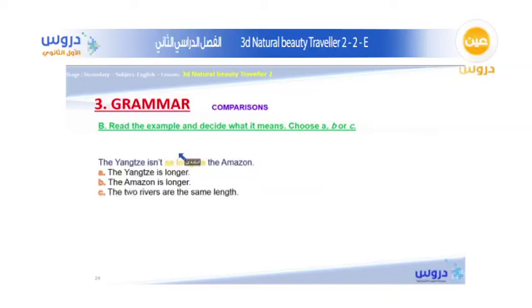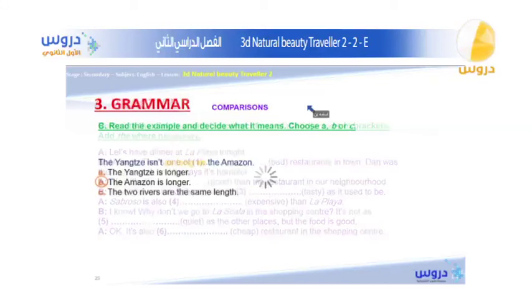What do you think? No, not C. There isn't as long as. So the answer here is B. The Amazon is longer because we have is not. If the sentence is the Yangtze is as long as the Amazon, we choose the two rivers are the same length.